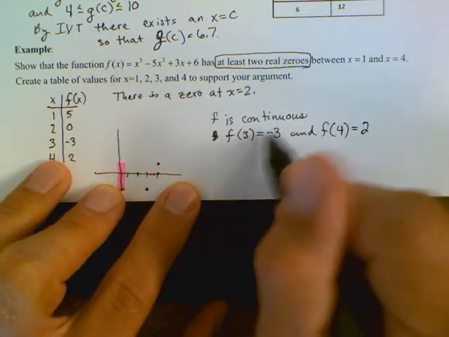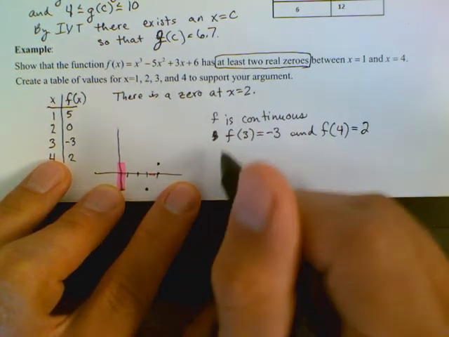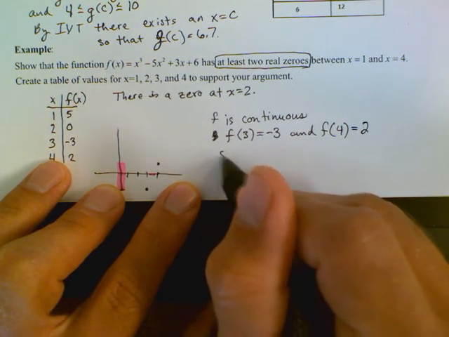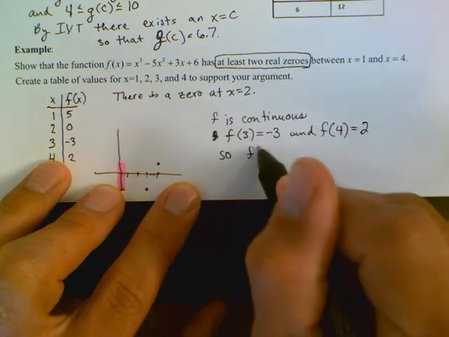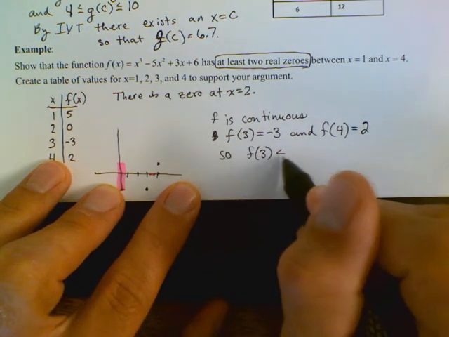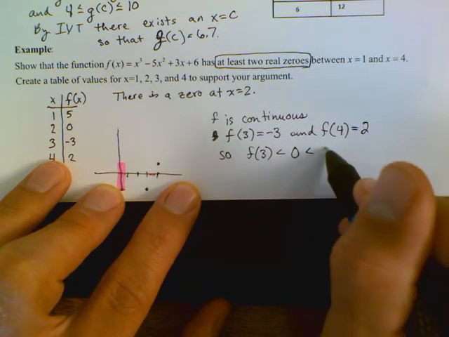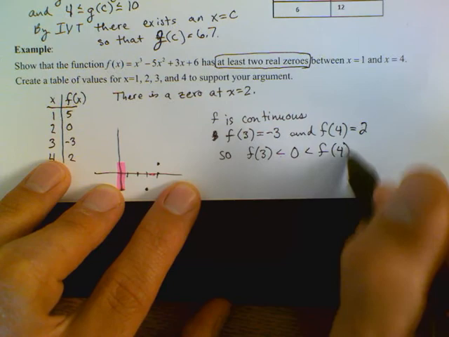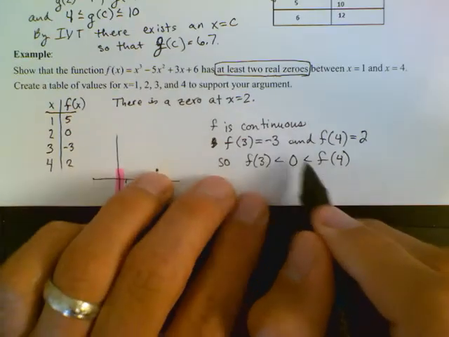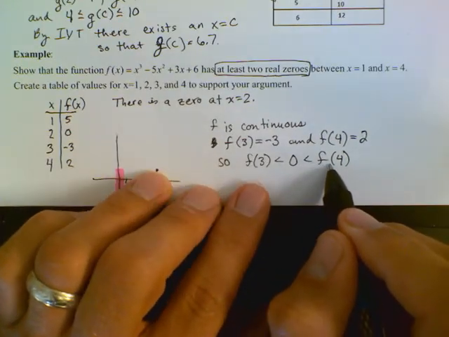And we know that that's less than 0, that's greater than 0. So we'll say f of 3 is less than 0, and that is less than f of 4. Notice how I used a number in the middle and then two functions this time.